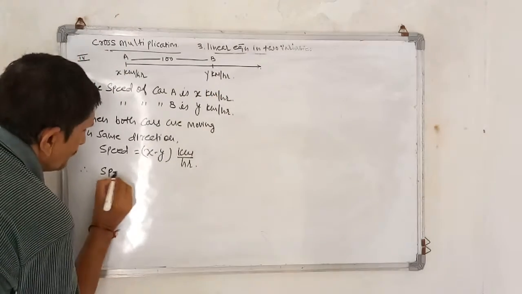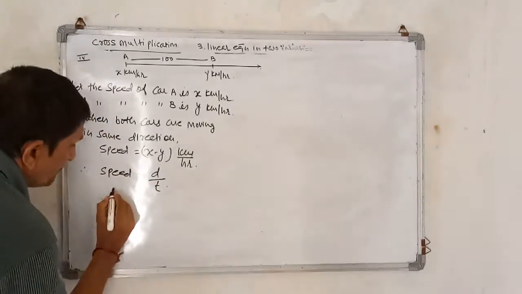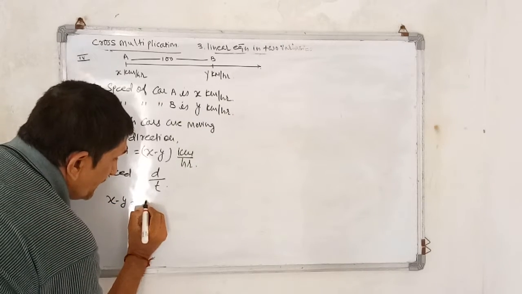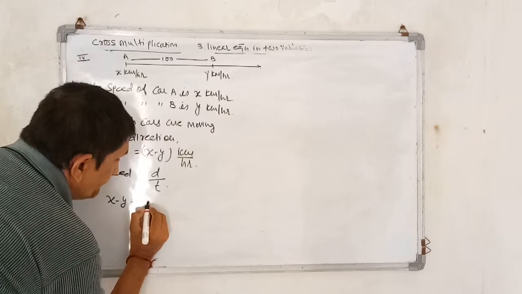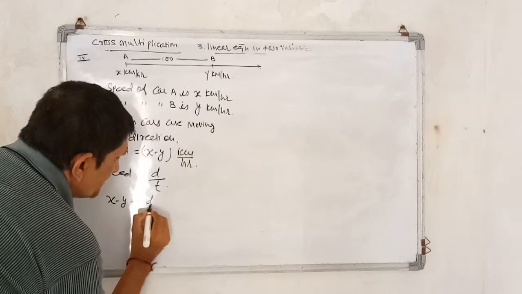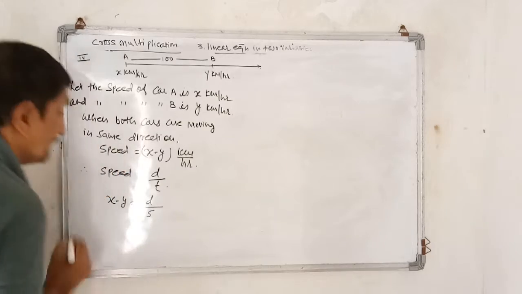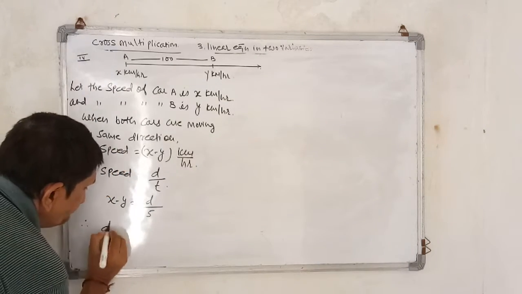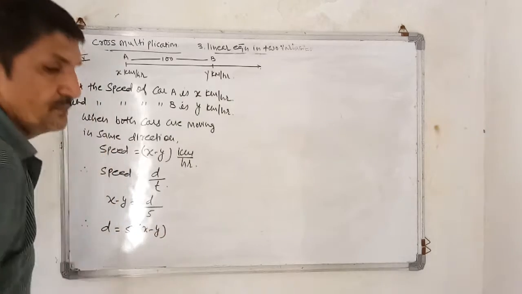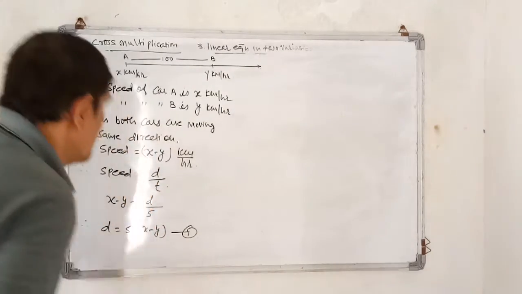Now speed is equal to distance upon time. Speed is x minus y, distance covered we don't know here, let the distance be d, and timing is 5 hours. Therefore d is equal to 5 times x minus y. This is the first one we consider.